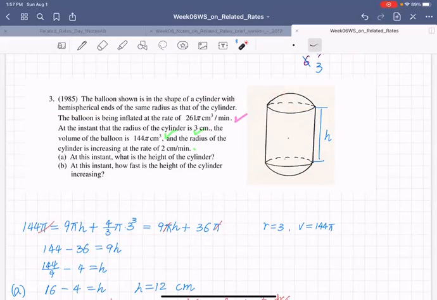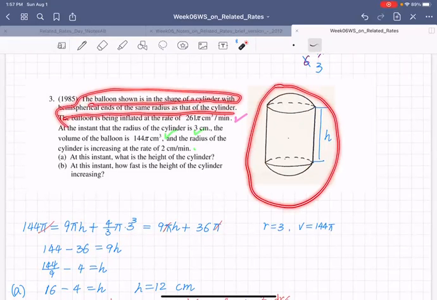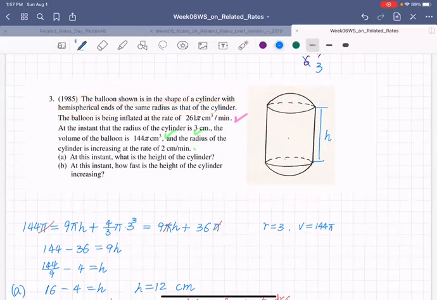So based on the first sentence, we will be able to write down the total volume, right? So what's the volume? Isn't it pi r squared times height first for the cylinder? So the cylinder part is pi r squared times height.